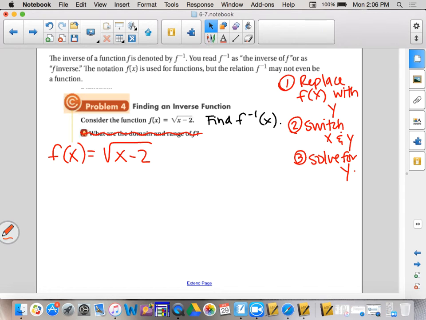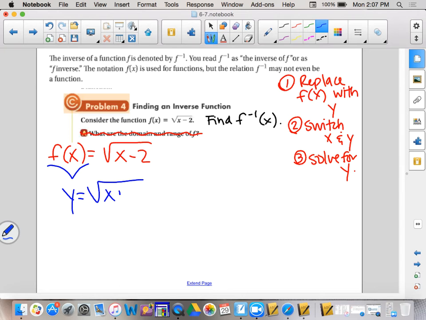Basically I work it the same way I work the other problems we've been working, except this time I'm going to take f of x and replace f of x with y before I even start. That is the only extra step that I have to do. So what does this right here become? y equals the square root of x minus 2.